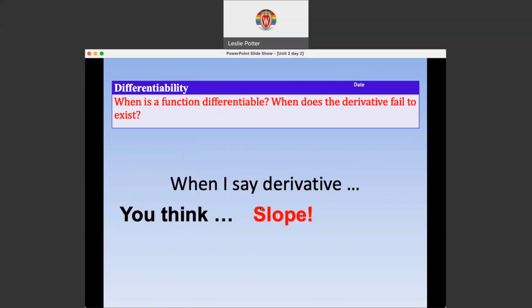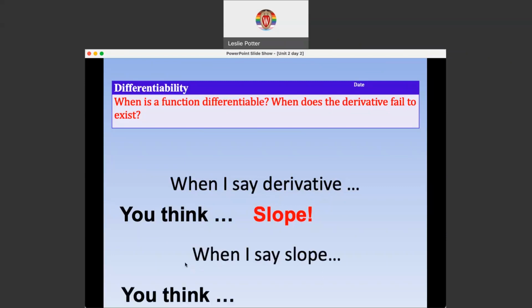We know slope is basically an algebra process, rise over run. But when we're talking about the derivative, we're talking about the tangent line. So when I say derivative, you have to think slope of the tangent line, or just slope at that point, because that's what a tangent line is. Now I'm going to reverse that. When I say slope, I need you to start thinking derivative. I'm going to say this a lot to you over the course of the course.